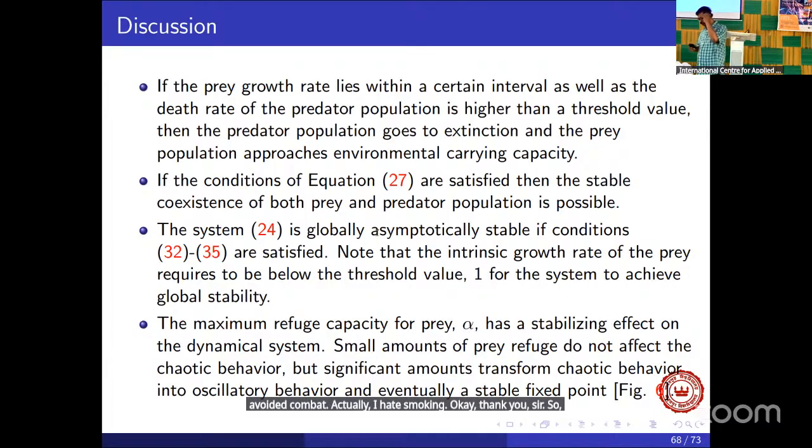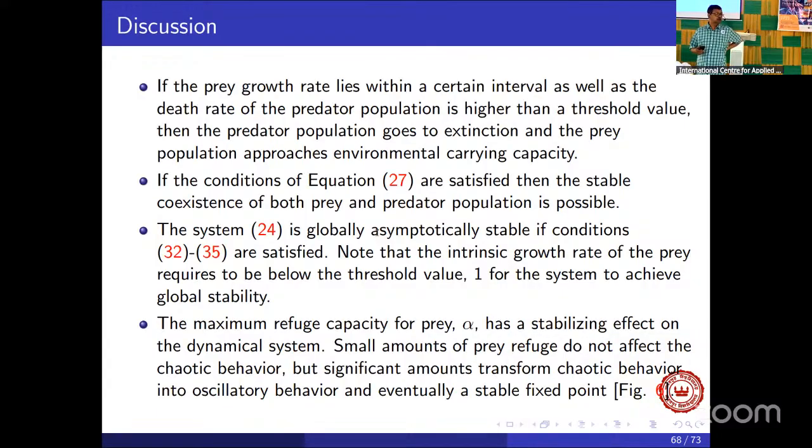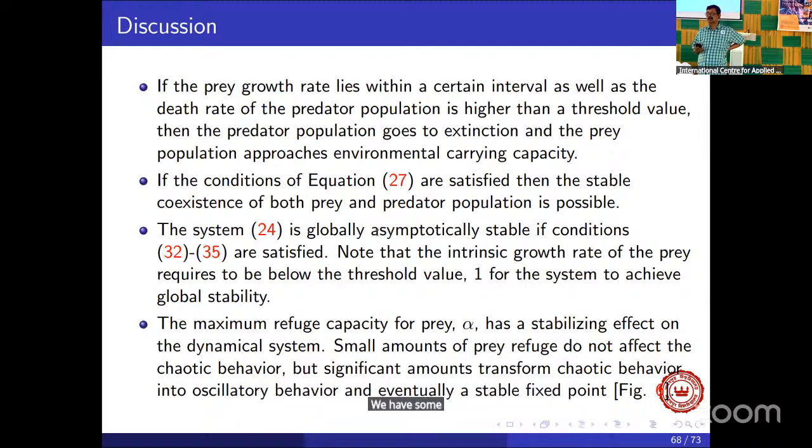So, the last question. Thank you very much for the presentation. I have just two questions for you, sir. From the basic ecology concepts that we know, we have some cases where predators also become prey to some animals.